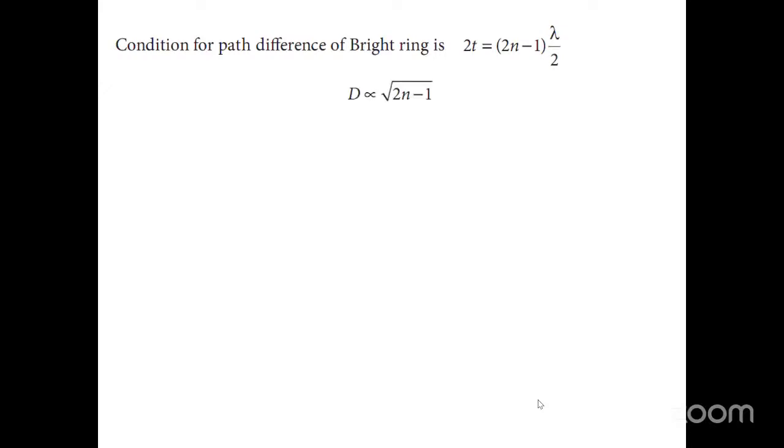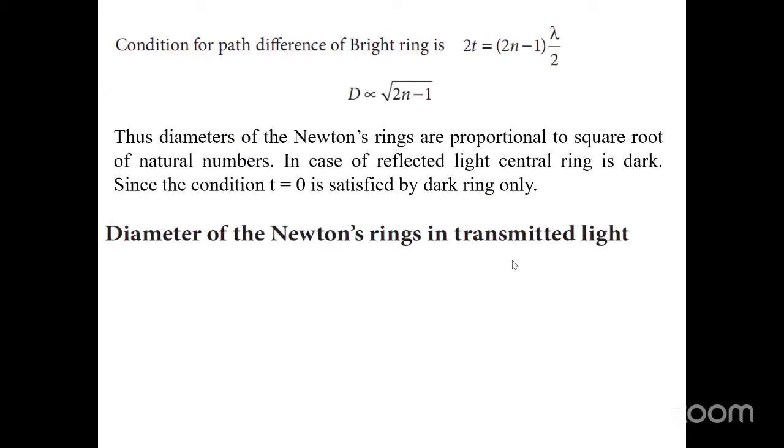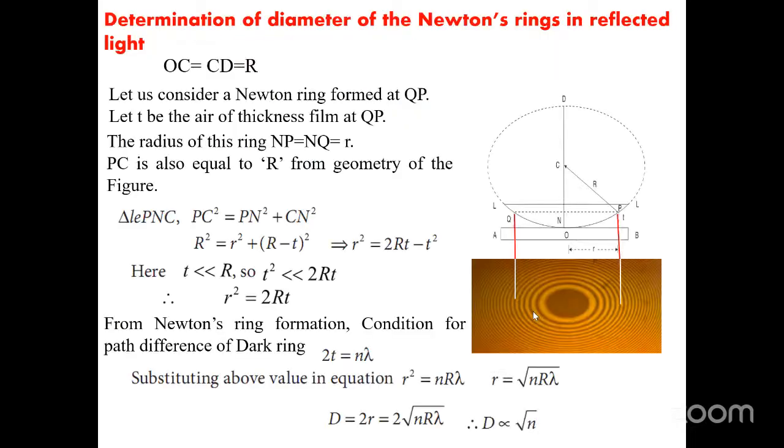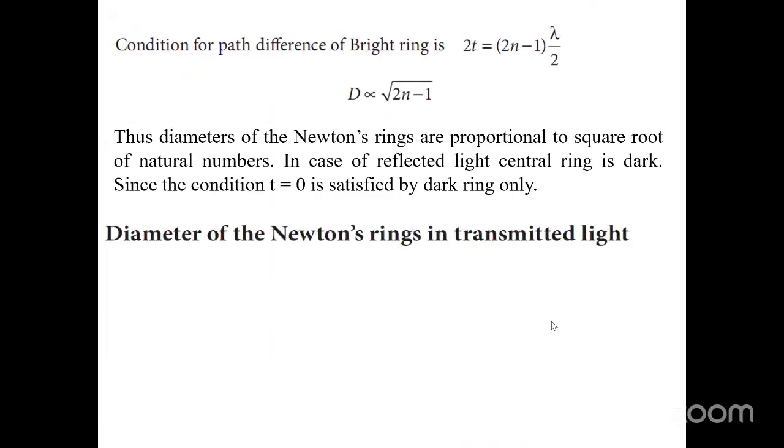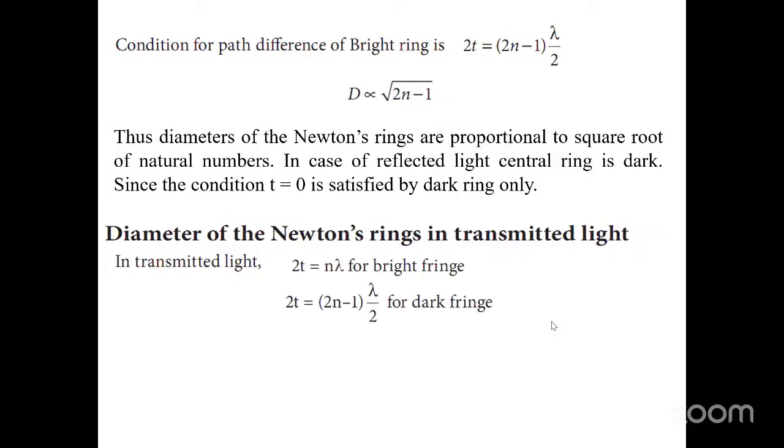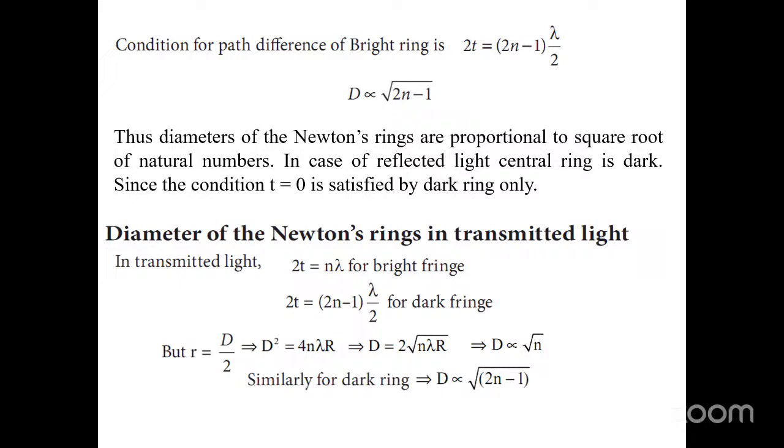For bright one, same concept, you will get that. So this is about the reflected ray. Starting is dark, whereas for the transmitted ray it is opposite. That means 2n minus 1 into lambda by 2 is the dark. In the previous condition, reflected ray, this is for bright.